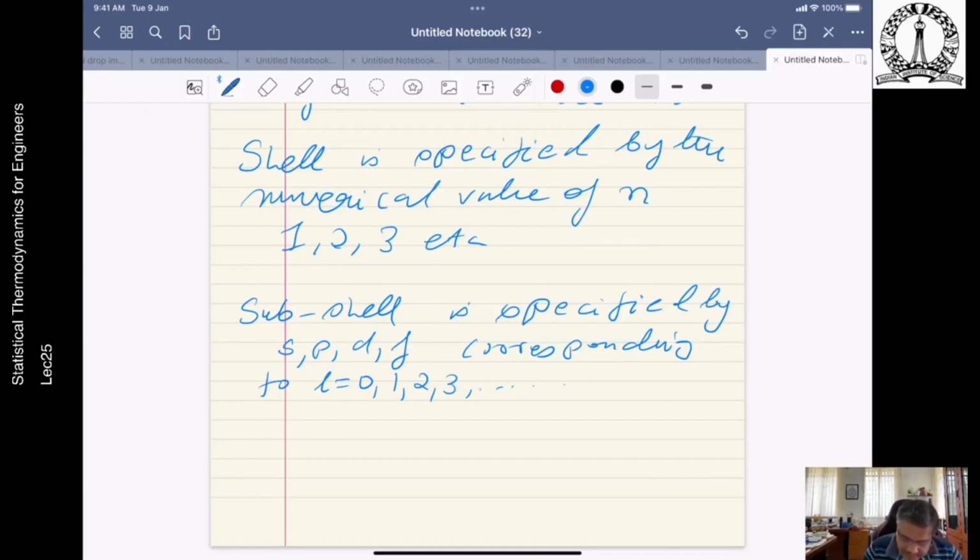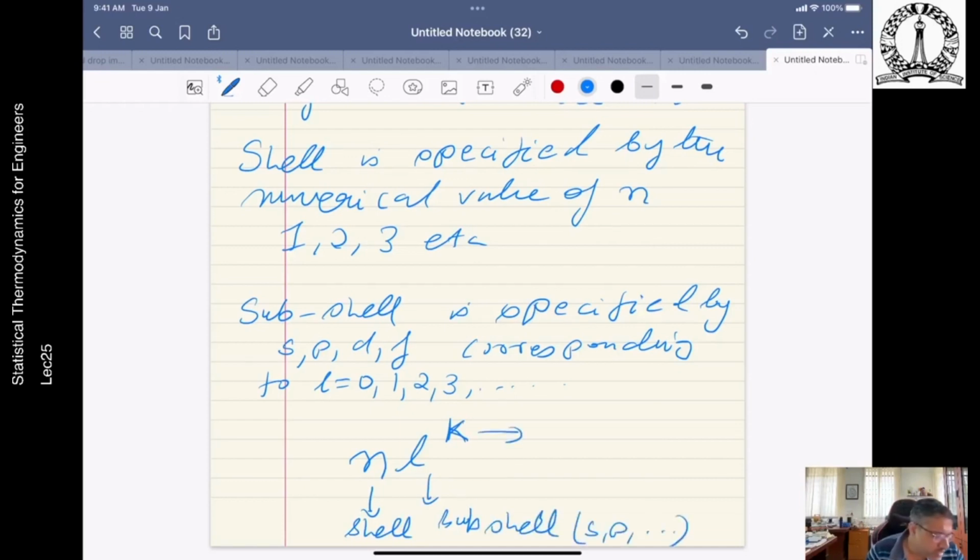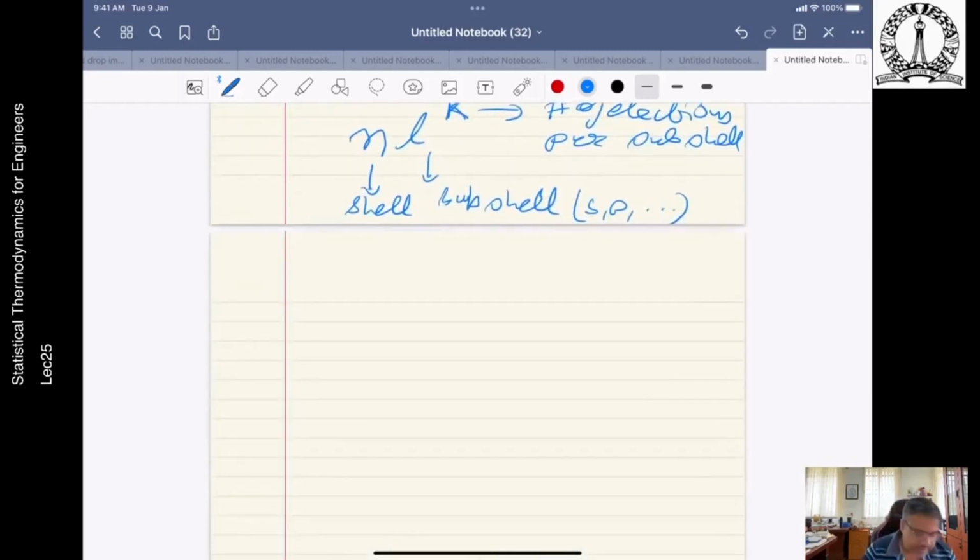So this is given in the format n, l, k. n is the principal quantum number, which tells you the shell. l is the subshell, or s, p, d, and k is nothing but the number of electrons per subshell. So that is the configuration that we have.